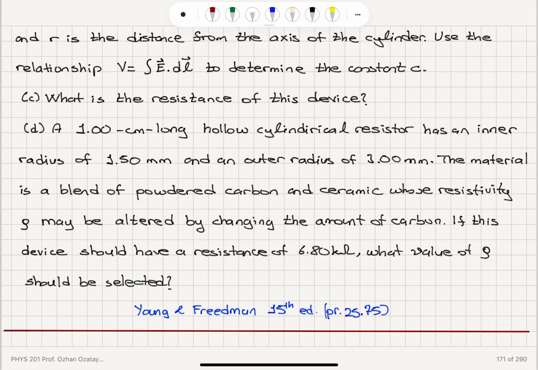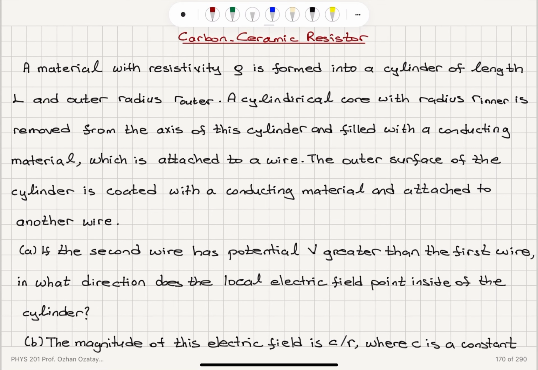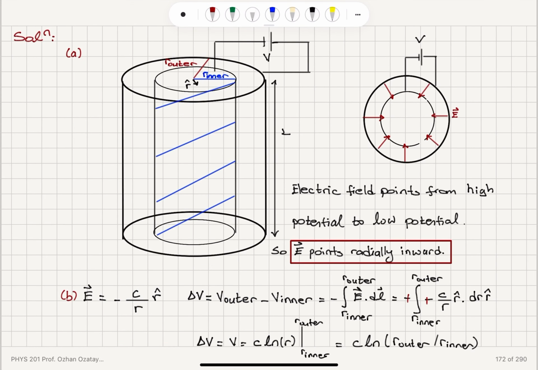So in this problem, we talked about a carbon ceramic resistor that's in the form of a cylinder with length L. The inner core is removed. The radius of the inner core is R inner. It's filled with a conductor, and the outside of this cylinder is also coated with a conductor.